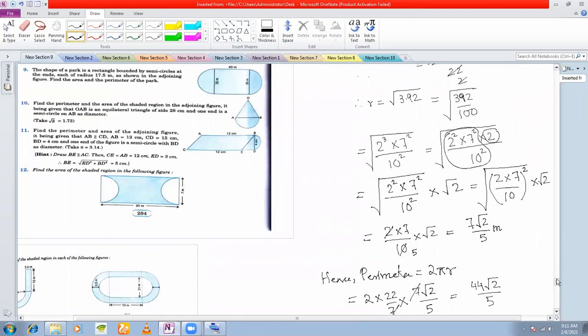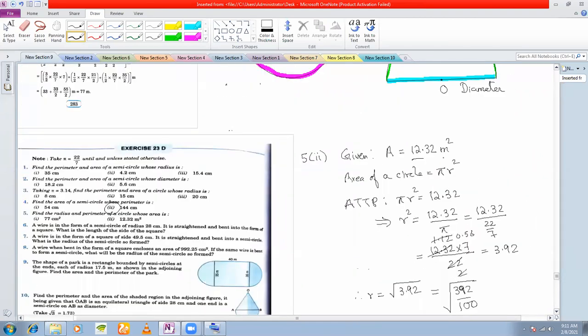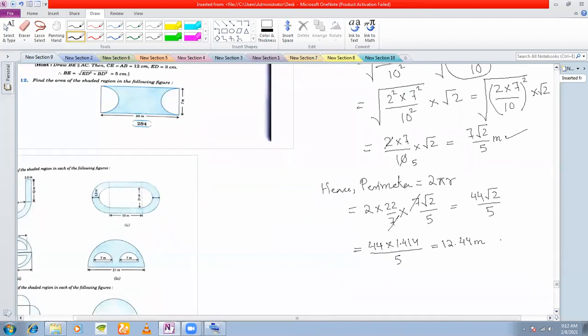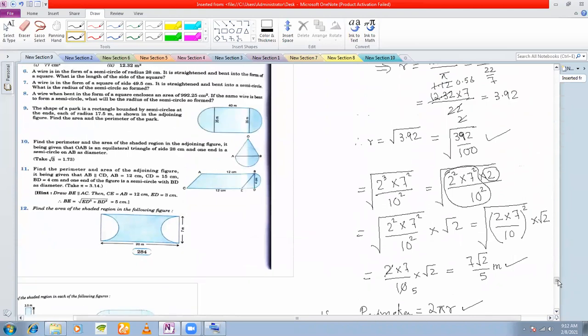So if you see, the area was given to me. From the area, I calculated the radius r as 7 root 2 by 5, and whatever radius I got, I put it in the formula for perimeter of the circle, and that's how I got the perimeter of a circle. In case of the other way around, you will do the same thing.